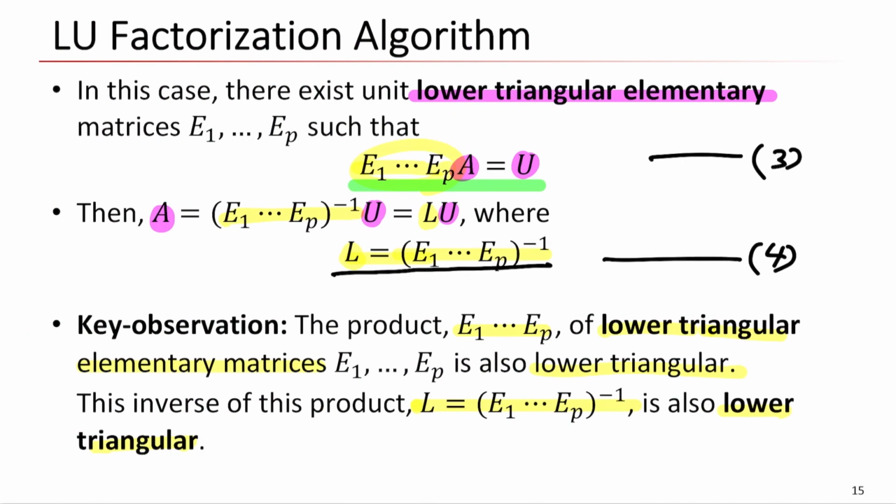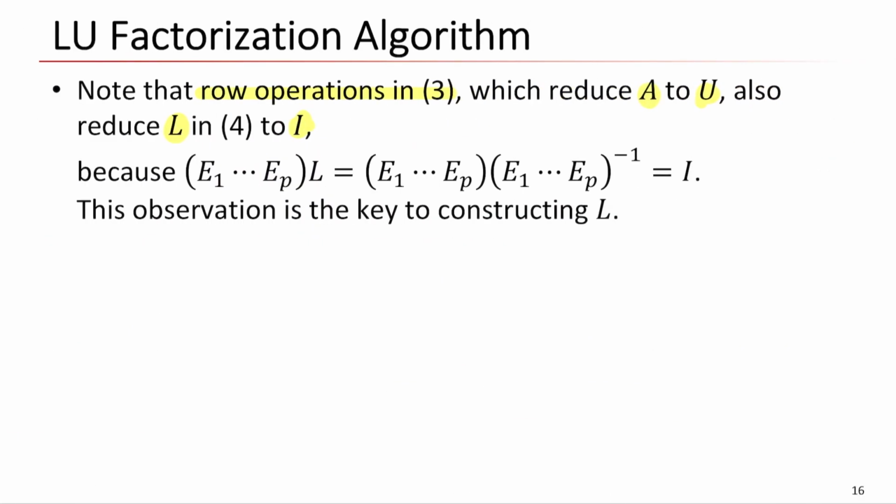Why? Because if we apply the same row operation to the matrix L, and matrix L was the inverse of this one, this will be the identity matrix. So the same row operations on matrix L will generate the identity matrix. So this is the observation to construct matrix L.